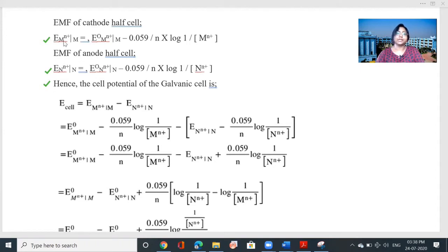Here the cathode is the M metal, so we take E of M^n+ | M minus E of N^n+ | N. Now put these values here, and you will get the next step. You solve this one.